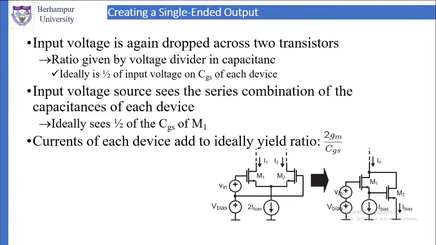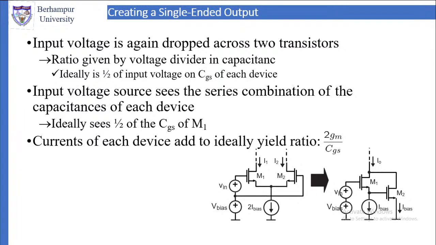Based on this analysis, you can say that this difference amplifier is equivalent to the amplifier shown on the right hand side. We have V in as the input to M1. For M1 there is V bias.